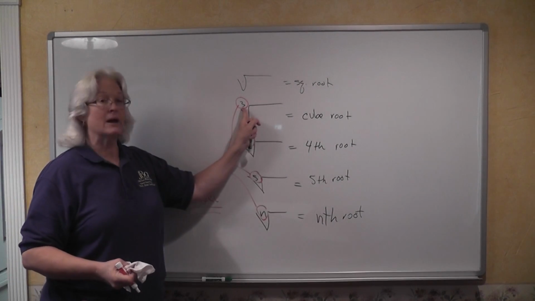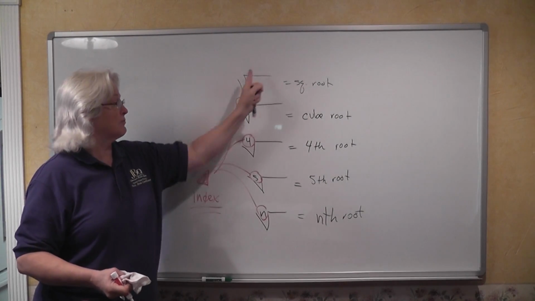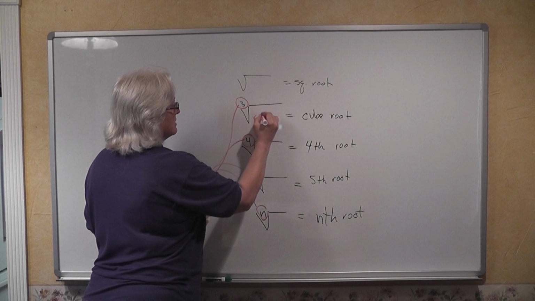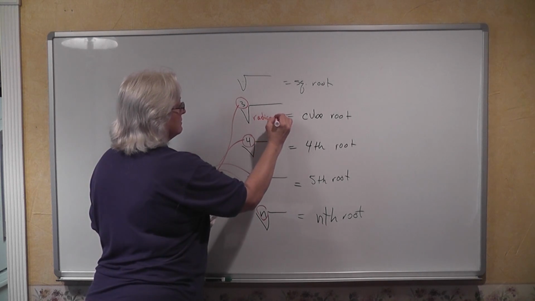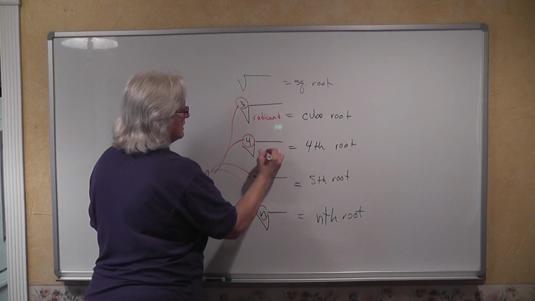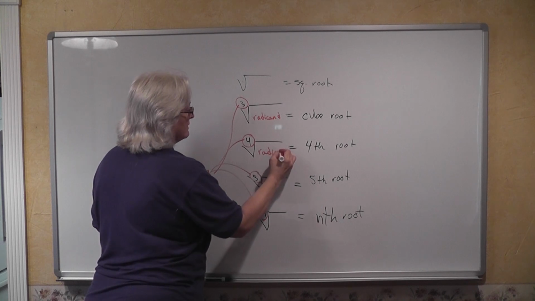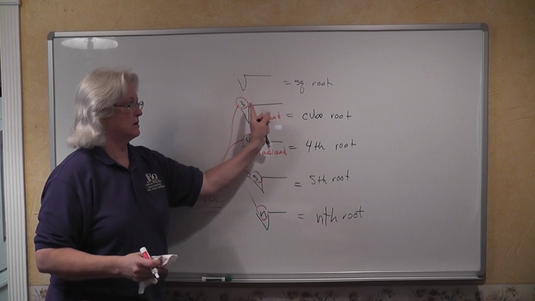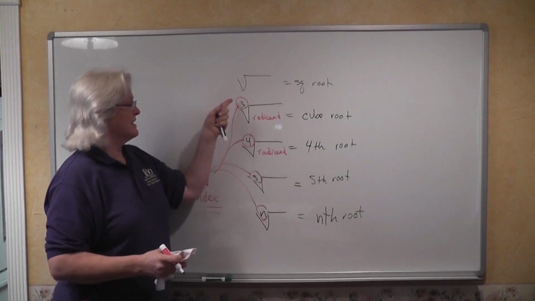You have the index, you have the radical sign, and what is underneath here? This is called the radicand. Radicand, square root symbol, and the index.